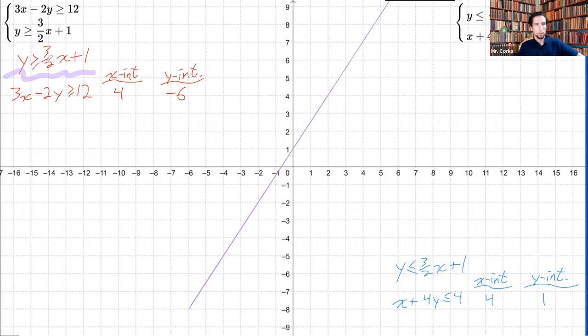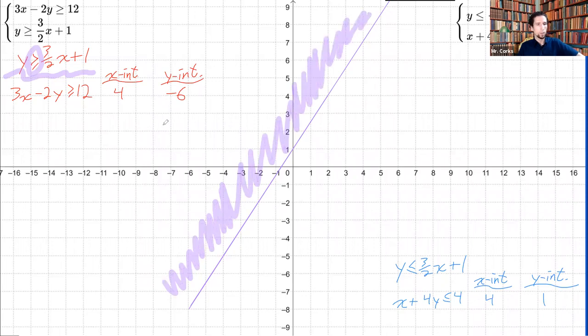Okay. And are we shading above or below this line? Above. We have a greater than or equal, so y must be greater. So everything above and to the left of this line is this feasible region. Sorry, just the solution area. I'm thinking in terms of linear programming terms. And our second one. So we have this 3x minus 2y is greater than or equal to 12.